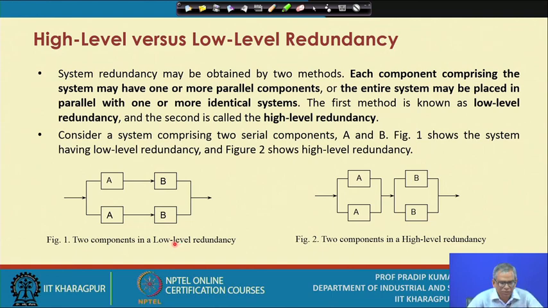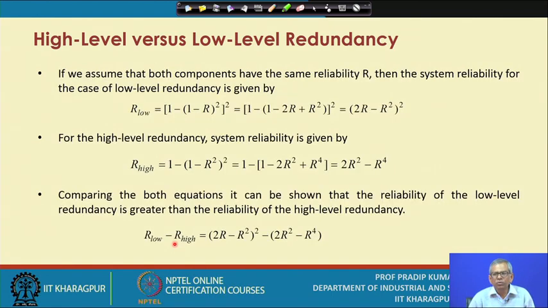Now, how to compute the reliability of the system when there is low level redundancy, and similarly how to compute the reliability of the system when there is high level redundancy.